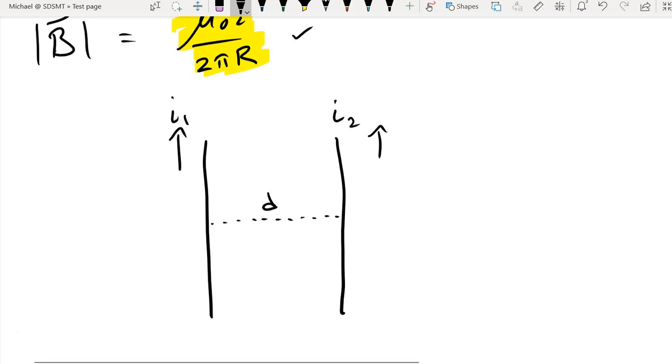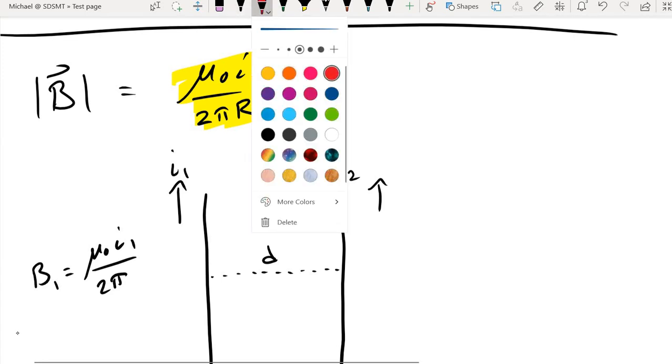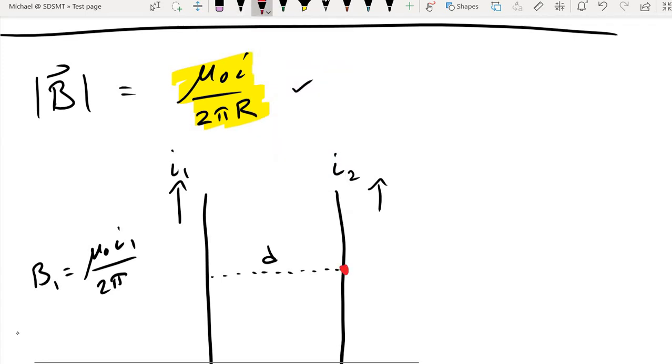We could measure the distance between the two wires, and we could call that D. And that means that the magnitude of magnetic field that's being produced by wire 1 is mu naught I1 over 2 pi, and then we need to see how that field is affecting wire 2. Well, wire 2 and wire 1 are a distance of D apart, so we're going to replace R with D.